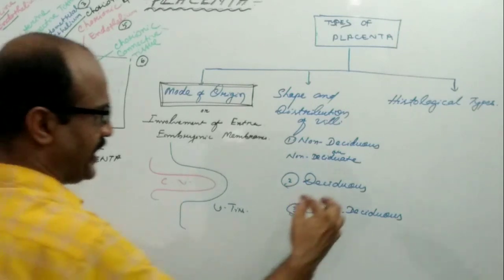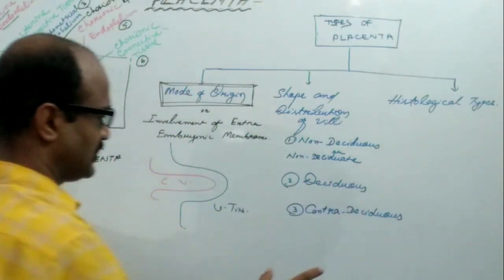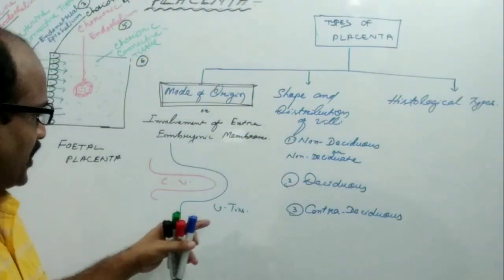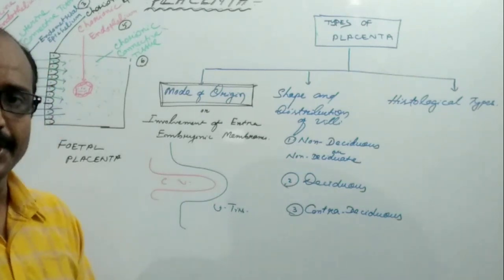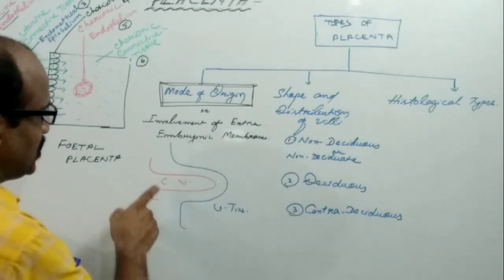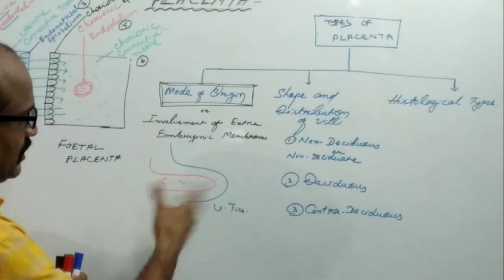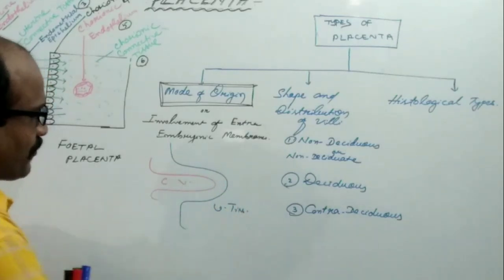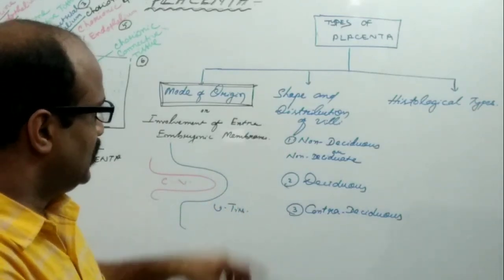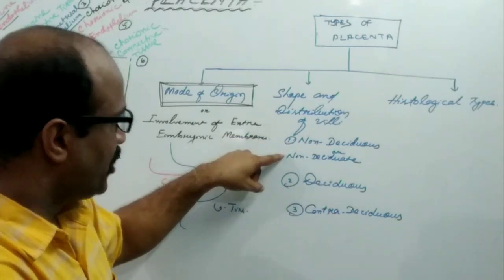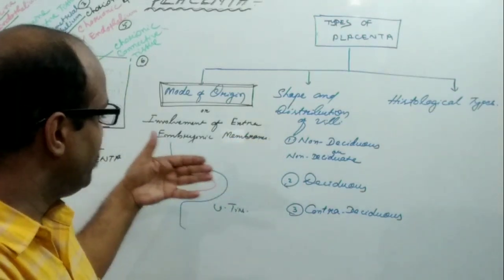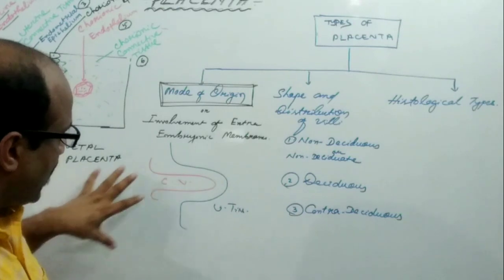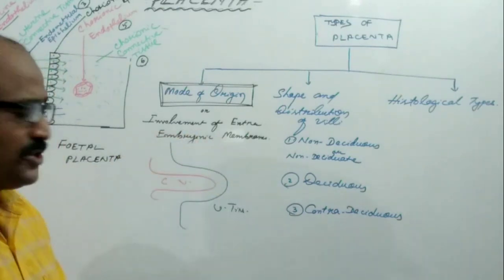So there is no bleeding and no loss of the endometrial tissue at the time of delivery. This is known as the non-deciduous, non-deciduate. There is no intimacy between the fetus and the uterine tissue.